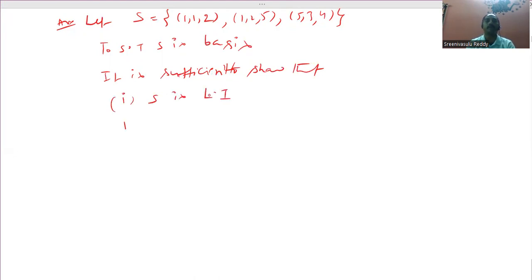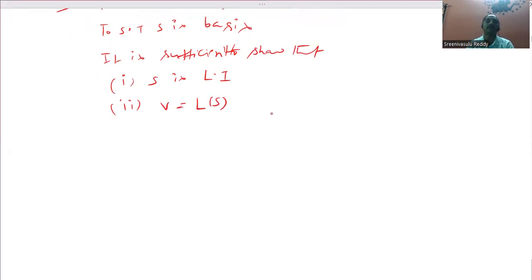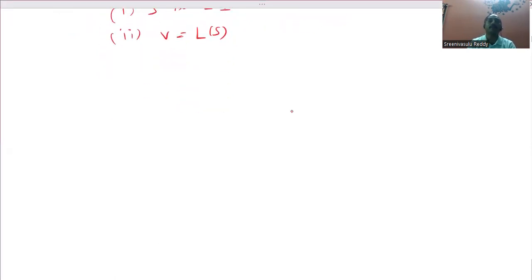Second condition, the vector space is spanned by, linear combinations of vectors of S. First condition, S is linearly independent.